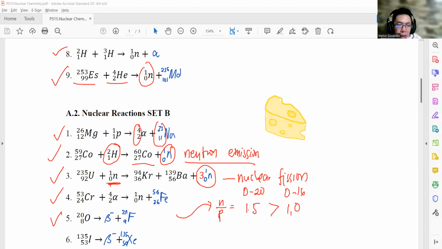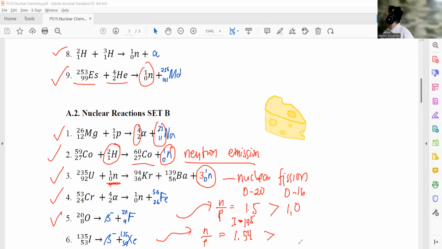Then finally, number 6 pala muna, we have iodine 135. Anong neutron-proton ratio niya? Ulit-ulitin natin to, para at least sobrang sanay ka na. 1.54 po. Versus the normal na iodine atom.